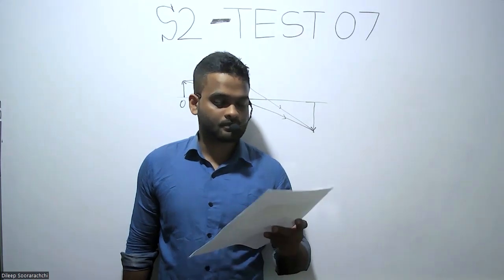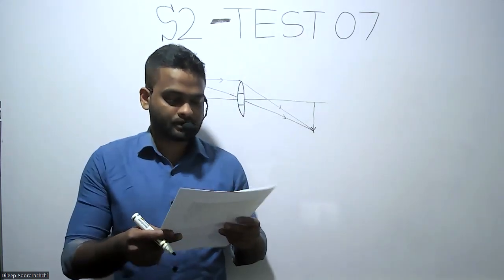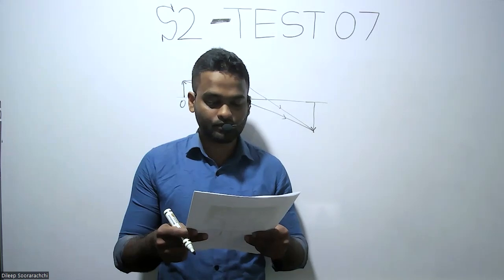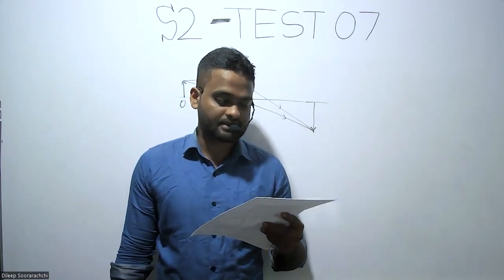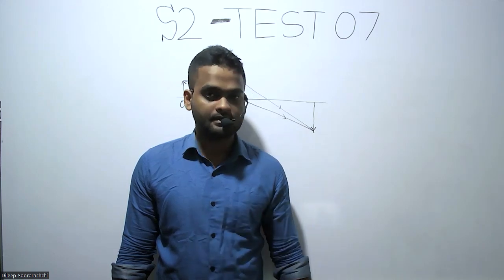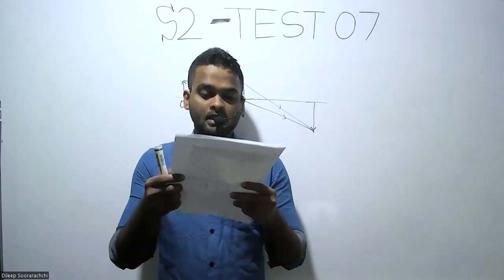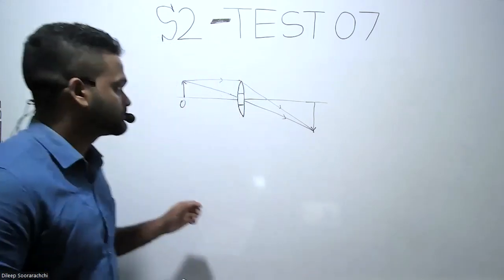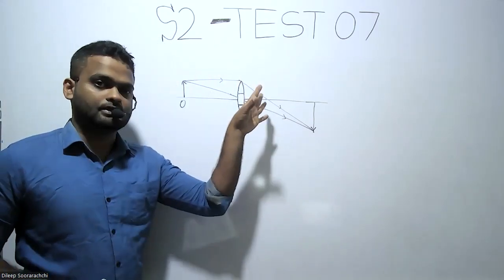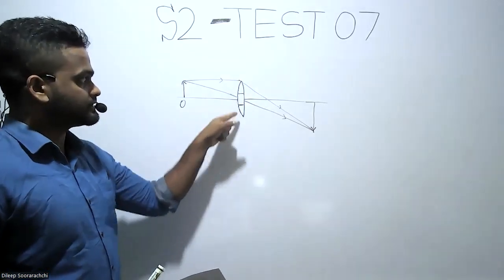Second question, as shown by the image, part of a lens is wrapped by a black paper. When an object is placed in front of the lens, the correct sentence about the real image formed is. Okay, so I just drew the ray diagram here. So there's this lens.